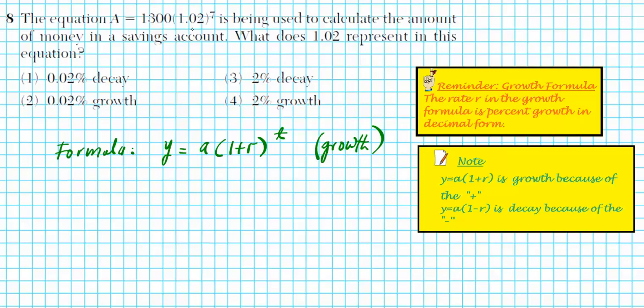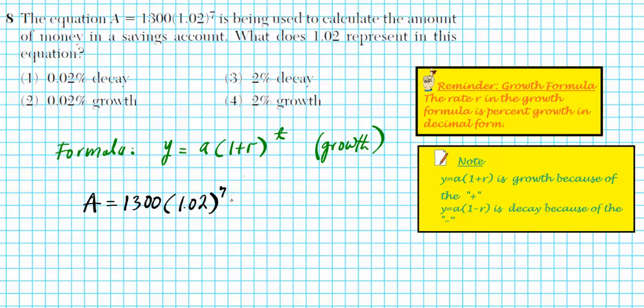So let's see what this 1.02 means in the context of this growth equation. Okay, so let's go ahead and rewrite this formula. We have A equals 1300 times 1.02 to the 7th power. If you look at the growth formula right here, it's expressed as 1 plus r.